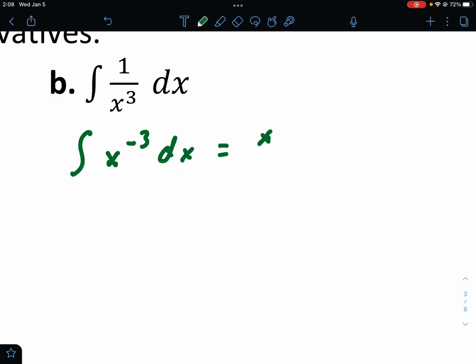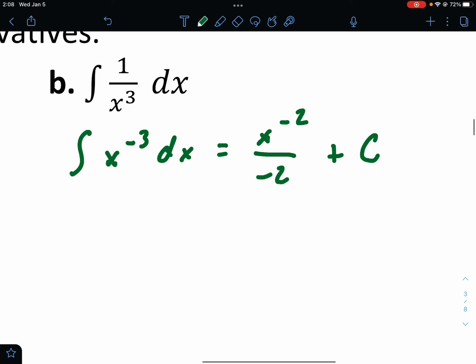So if we raise the power by 1 and divide by that new number, we get our answer that looks like that. Now, we don't want our answer to look like that when we're done. We don't like the negative exponent there. So we can rewrite our answer as negative 1 over 2x squared plus c.